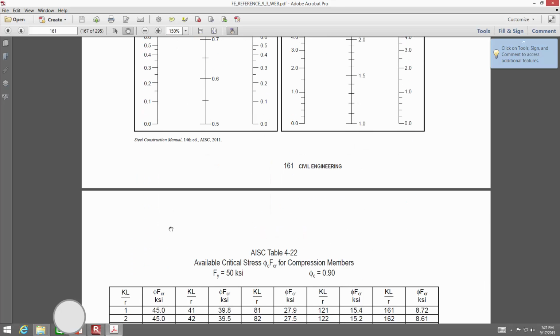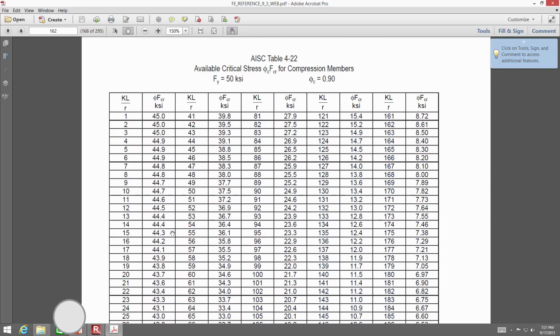All right. Now this one is definitely one that I would bookmark or indicate in your head. If you all remember in steel design, there were a few different ways that you could calculate the capacity of a column. Now you could just brute force it and use the equations, but one of them is that you could use the slenderness and, based off the slenderness, get a factored stress straight from this table.